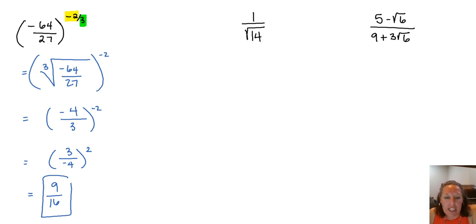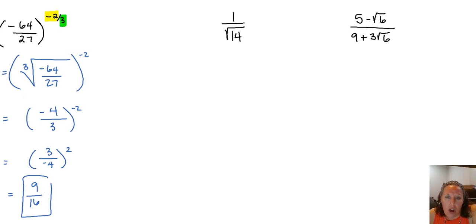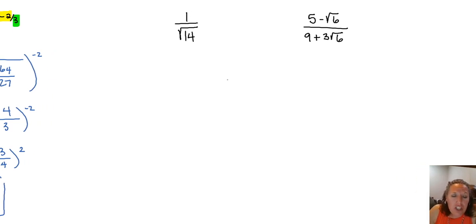All right, now let's look at an example of rationalizing the denominator. Rationalizing the denominator is a way to put something in a form that is considered a better form.